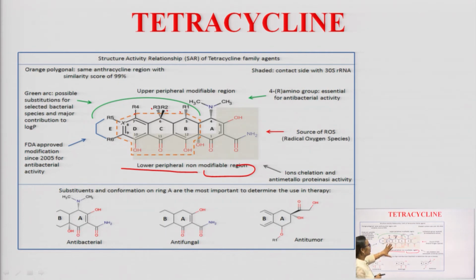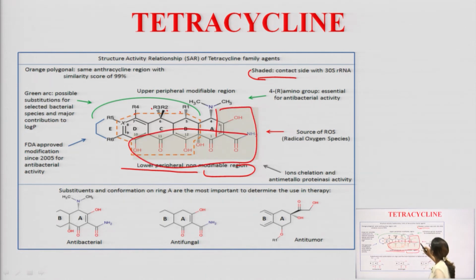This is the main point which I want to show by this diagram. The lower portion in which there is an alternate ketonic and alcoholic group is the non-modifiable region, but substitution can only be done in the upper peripheral modifiable region. What are those regions? R1, R2, R3. You can see here also shaded, the shaded portion is this non-modifiable region.